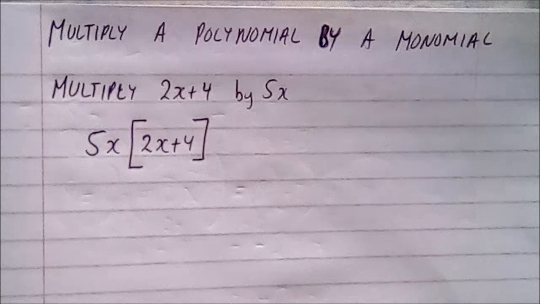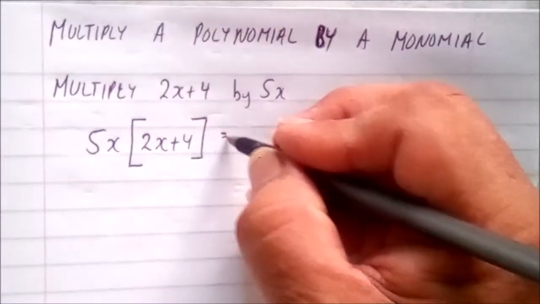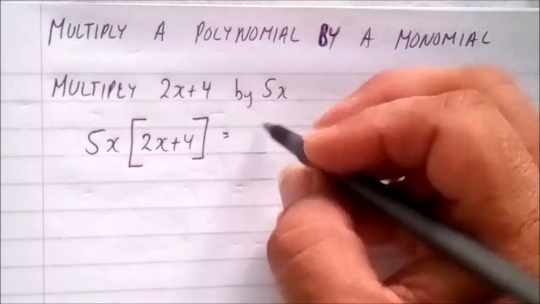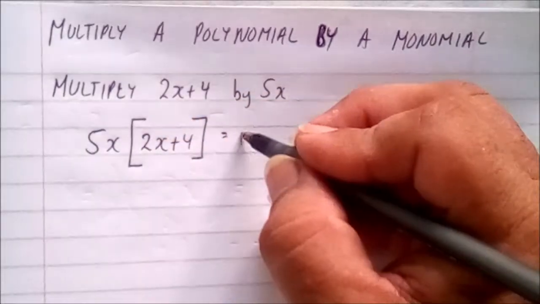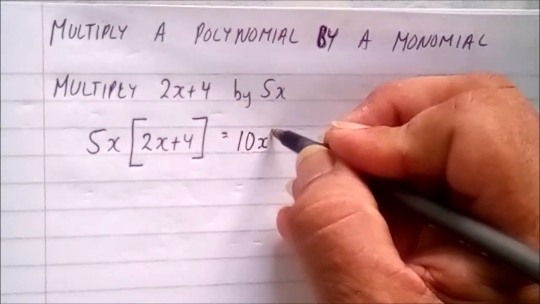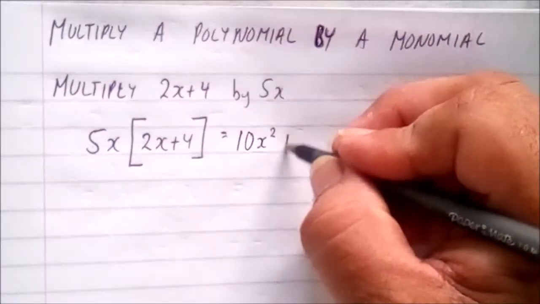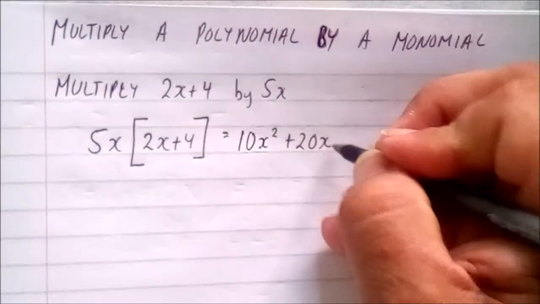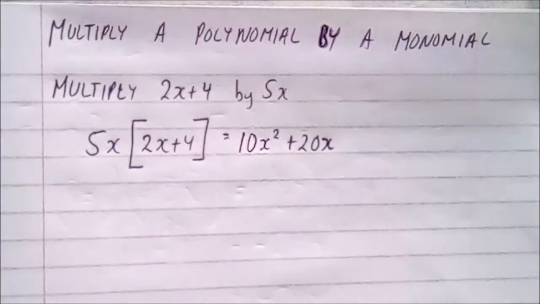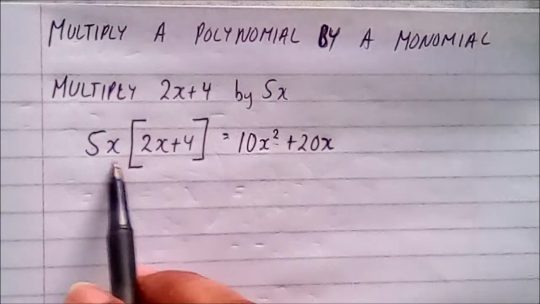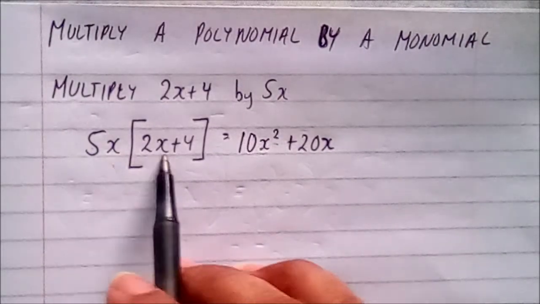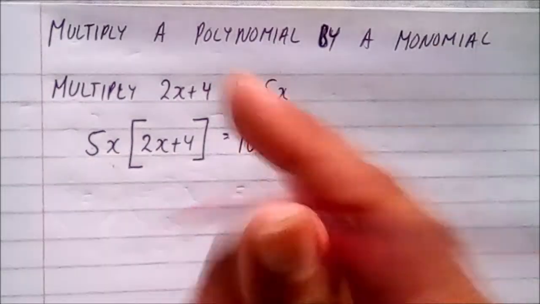So by doing this, now we apply the distributive property, okay, and we put now 5x times 2x, well, that gives us 10x squared, and 5x times 4 gives plus 20x. If you're wondering how I got this 2, recall the laws of multiplying indices. So let me put the law here.